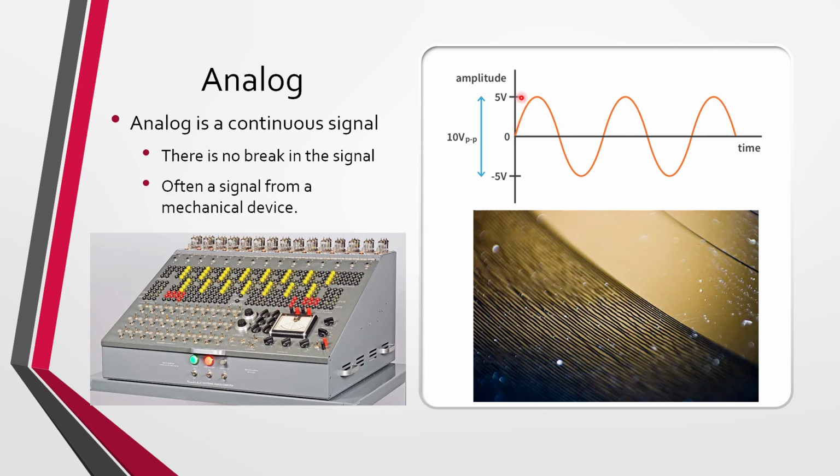Analog is often represented with a sine wave, where there is no break from the maximum peak to the lowest valley of the information. A radio wave could be analog. X-rays can also be an analog format. An X-ray wave has no break in it.